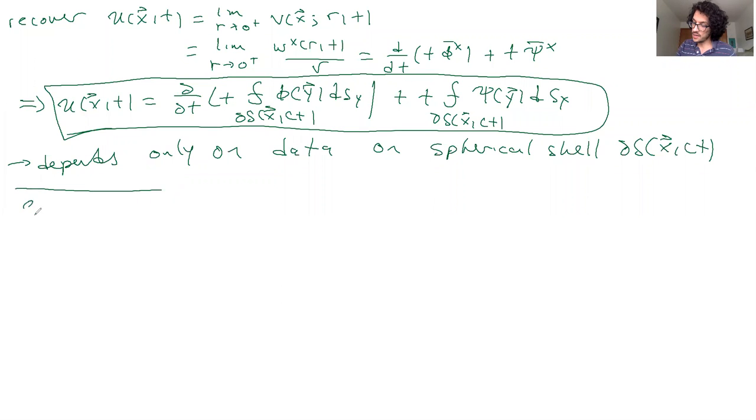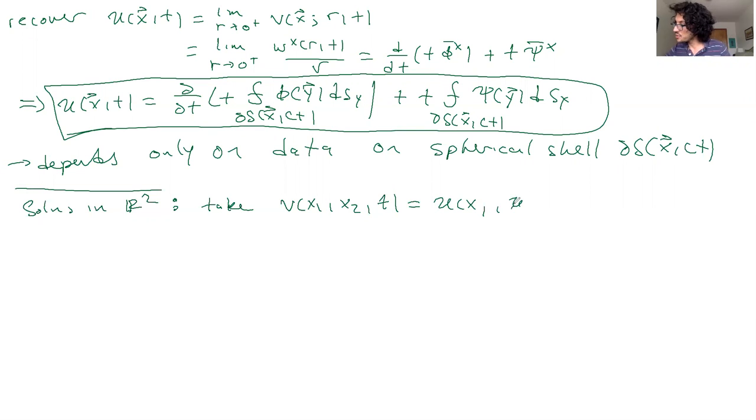Now let's look at solutions in R2. The main idea here is that we're going to take v of x1, x2, t to just be a solution to an equation where I can allow u to be independent of x3.